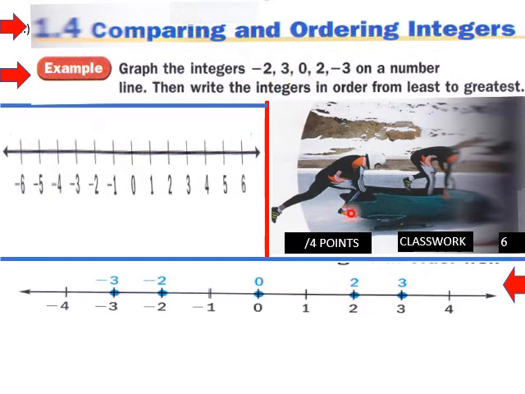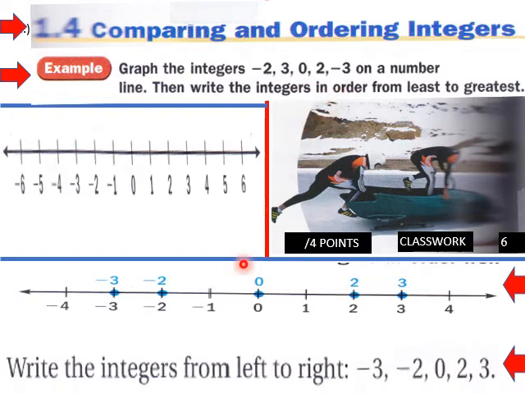And then +3 is over there. So here's our plot of these integers. Then write the integers in order from least to greatest. We can tell from our number line: -3, -2, 0, 2, and 3. So the number line really helps in this part of the question.